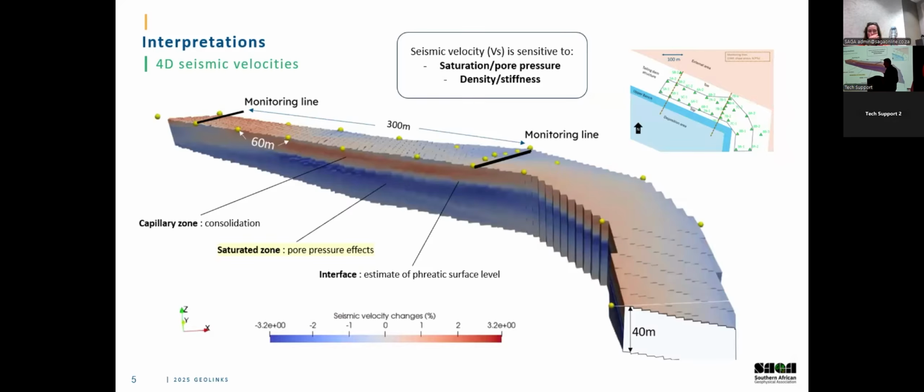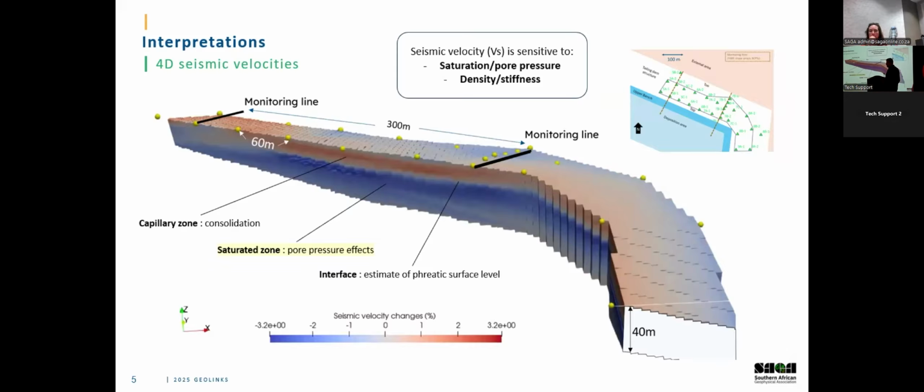This is a 3D velocity model, shear wave velocities, within the polygon shown on the thumbnail there. And there are 3 main features to observe in it. The red zone, the upper zone, and then the blue zone, which is the deeper zone, and the interface between.